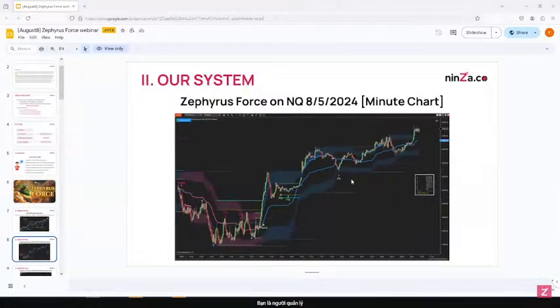It's just a deeper pullback in the same trend. So this is really a trend following system with pullbacks. You will only see signals in the direction of the trend. It waits for pullbacks, but in the direction of the trend.